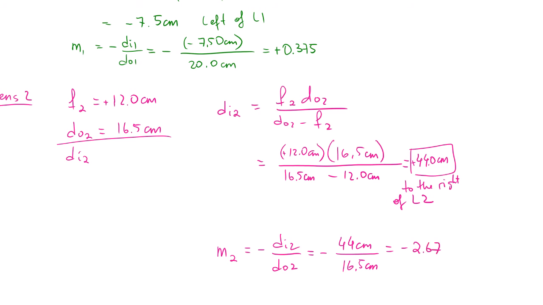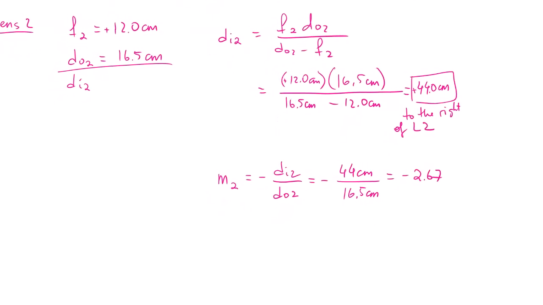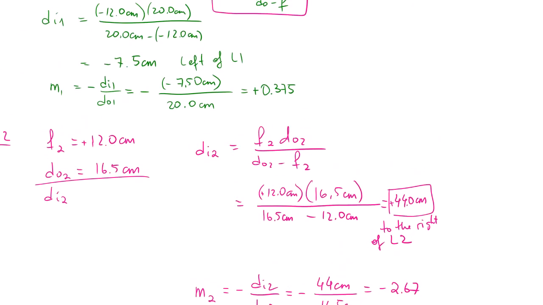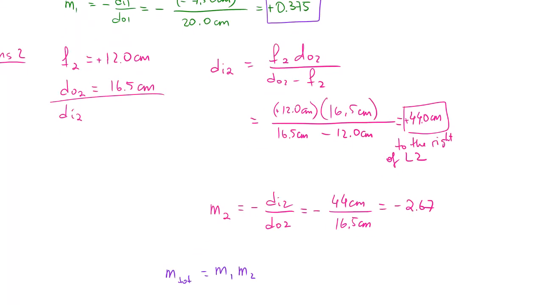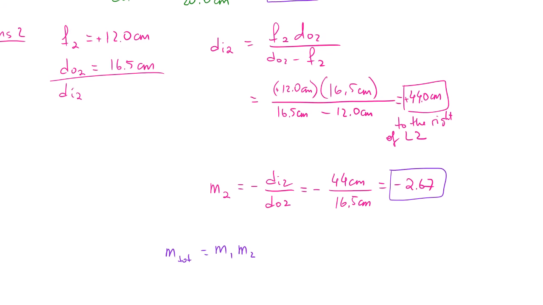But that is not the actual magnification for our image, because remember, the total magnification will equal M total equals M1 times M2. What did I have for M1? Positive 0.375, and M2 is negative 2.67.